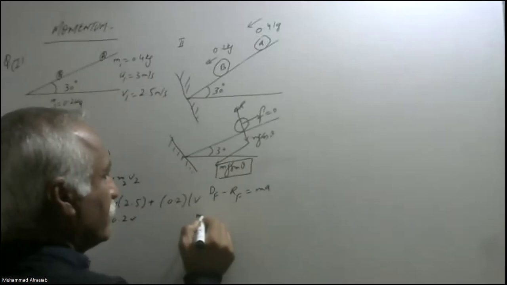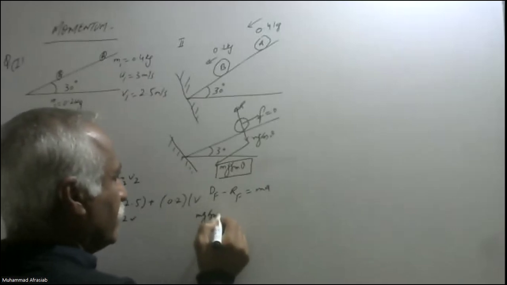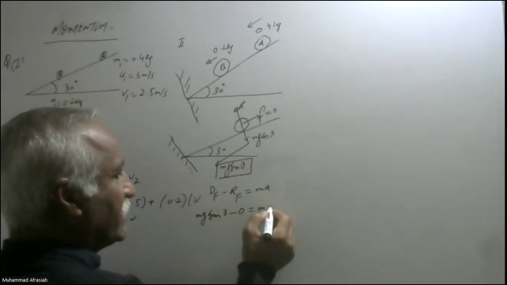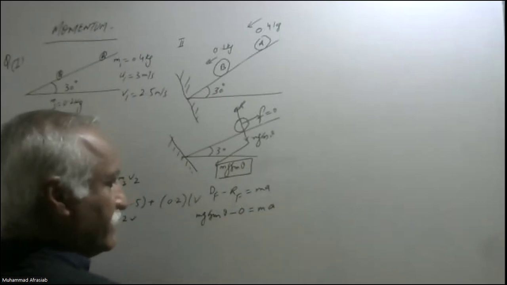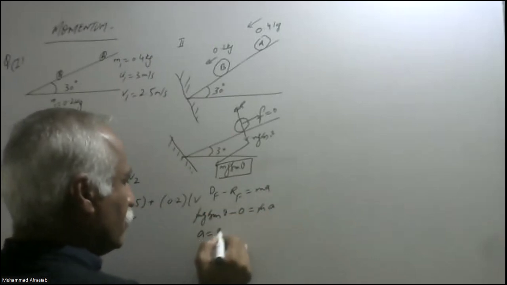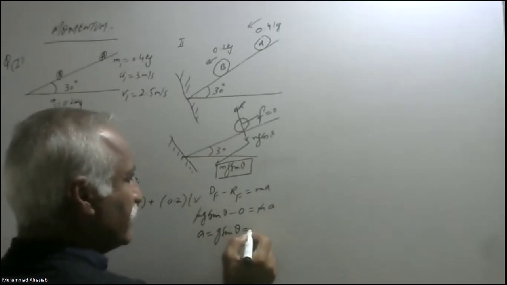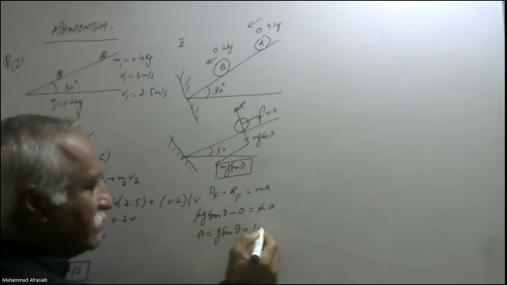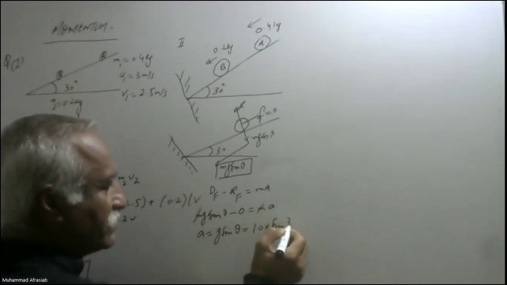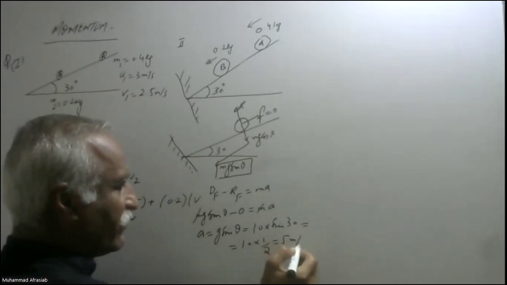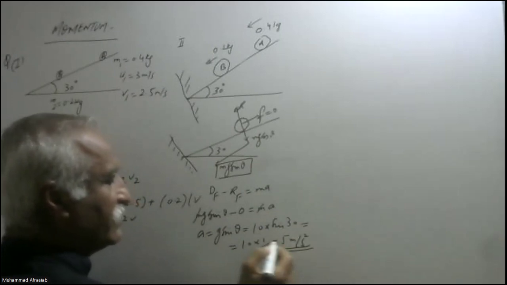Driving force is mg sin theta minus frictional force 0, equals mass m times acceleration a. The m cancels, so a is equal to g sin theta. Putting in the values, g is 10 times sin 30, which is 10 times half, equal to 5 meters per second squared.